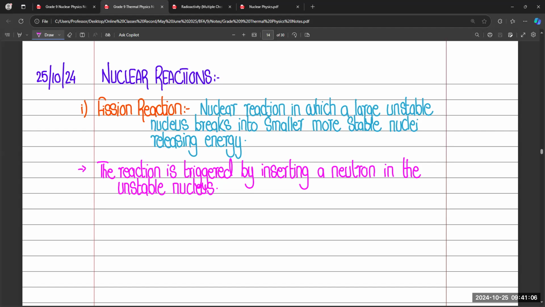It is not compulsory that you strike a single neutron and that single neutron directly strikes the nucleus. Maybe that misses the nucleus. So we strike so many neutrons at a single time, so that one of the neutrons strikes the nucleus. So we will see how it actually works.